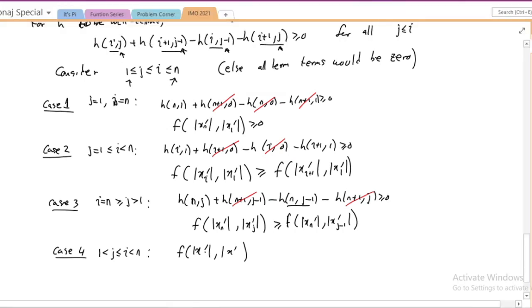All right. So I'm going to use i plus 1 first, and j minus 1 here, minus f of x_i prime, x_(j minus 1) prime, greater than or equal to, so take the others this way. It's not the only way we could go about this, but let's just go with this one.